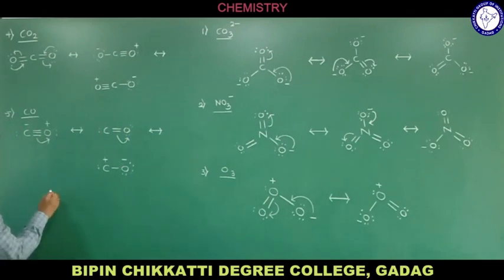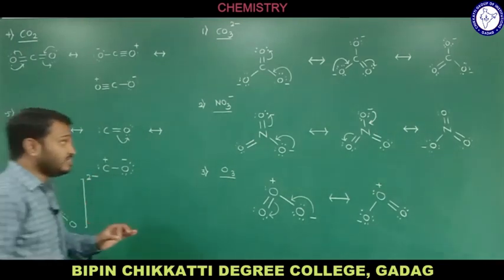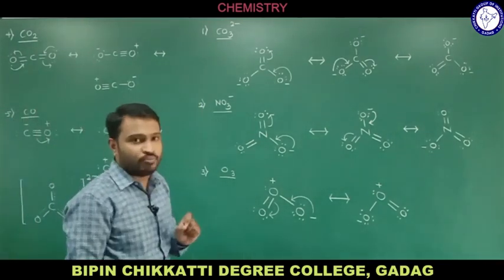So carbon we have, and this is how oxygen is going to be linked. I mentioned that we need to represent this using dots. So this is the resonance hybrid, and the charge will be 2 minus. For that you need to consider the box, and above we need to write 2 minus, and that is the resonance hybrid of CO3 2 minus.